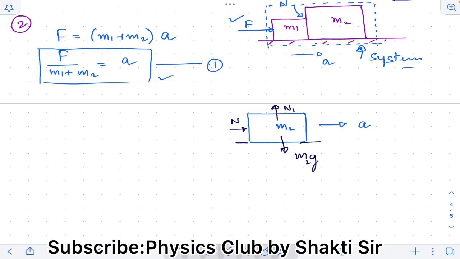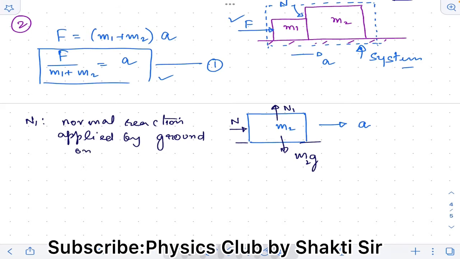One is N1, let's write N1 is the normal reaction applied by the ground on the block.